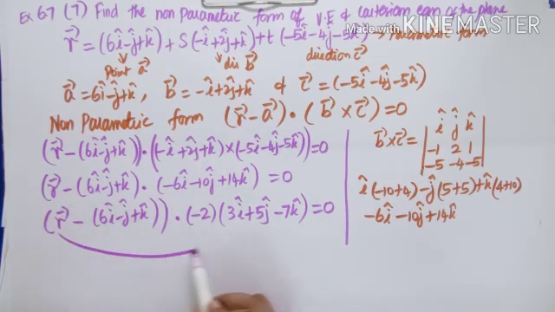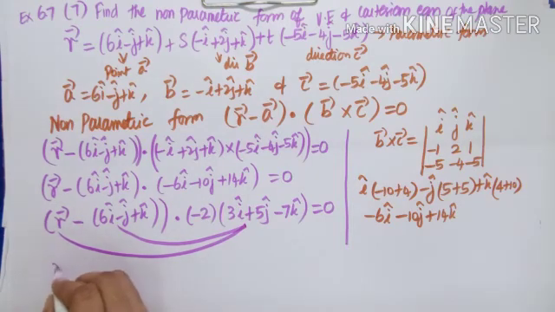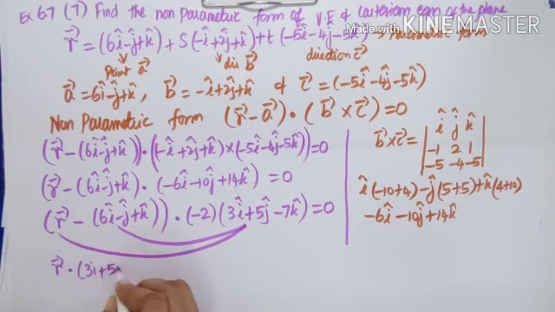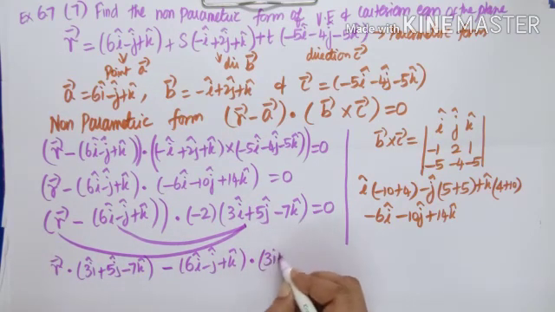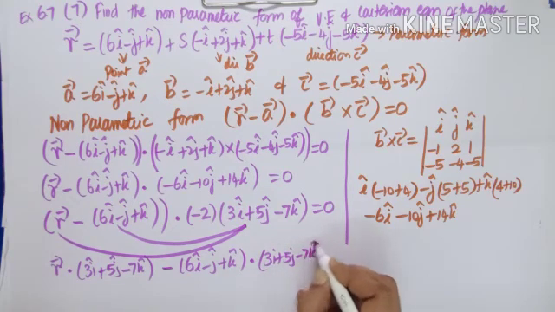So r dot this vector dot this. So how do I write it? R dot 3i plus 5j minus 7k minus 6i minus j plus k dot product with 3i plus 5j minus 7k equals to 0.